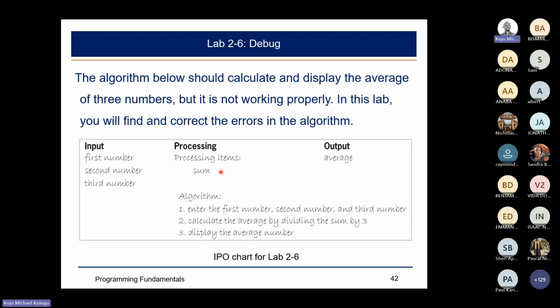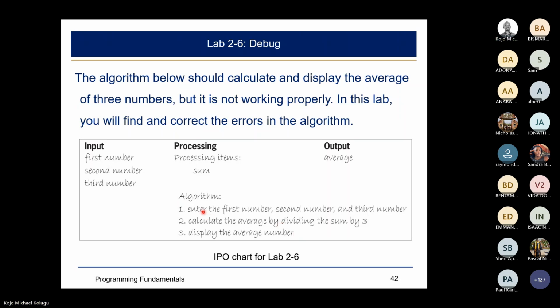But what is the algorithm? Now, the algorithm, you enter the first number, the second number, and the third number. You calculate the average by dividing the sum by 3, and then you display the average number.